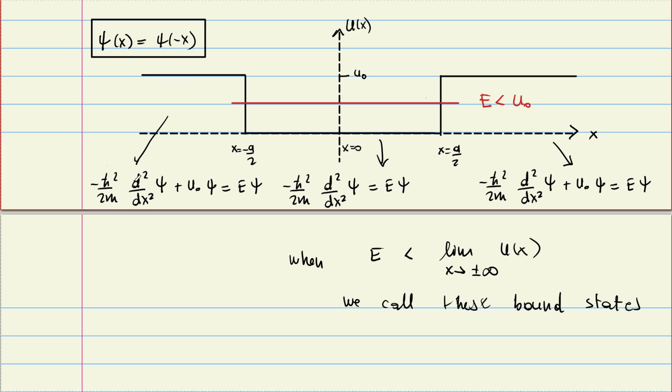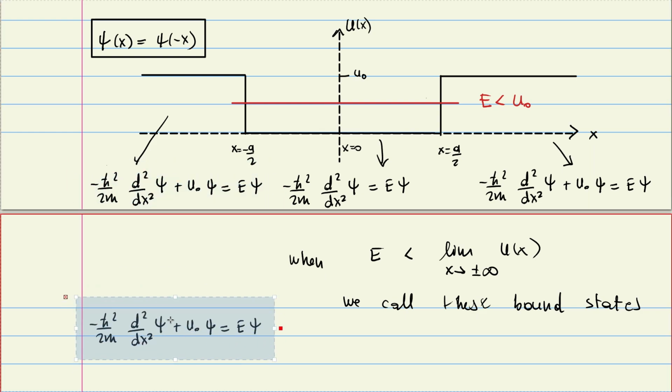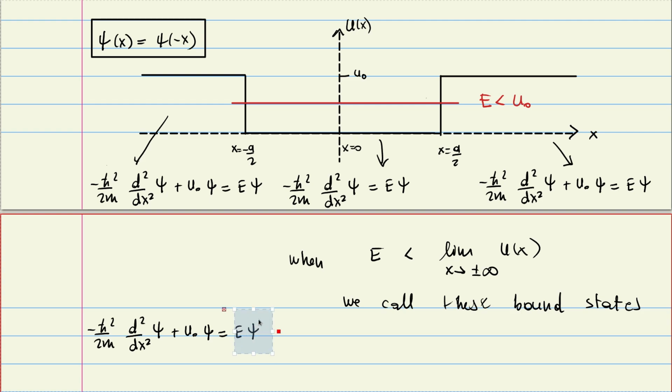And what I'm going to do now is manipulate this equation a little bit. Because E is less than U, now I can combine E and U. So let me write it like this.